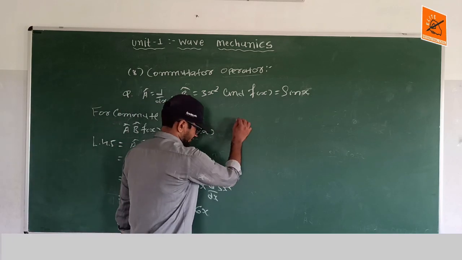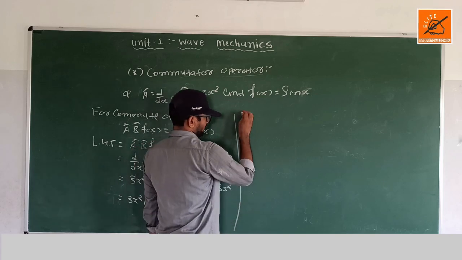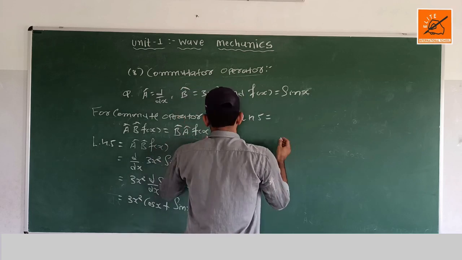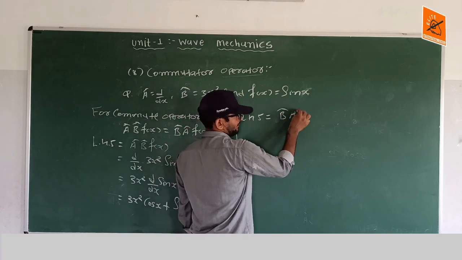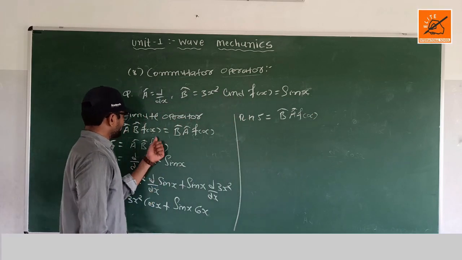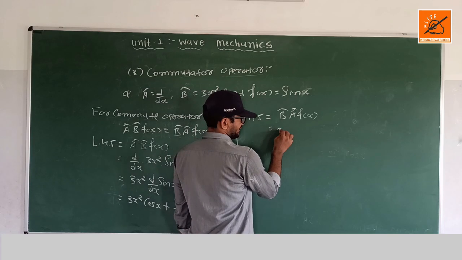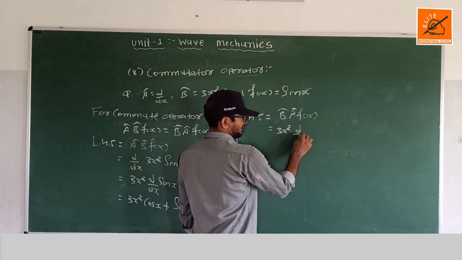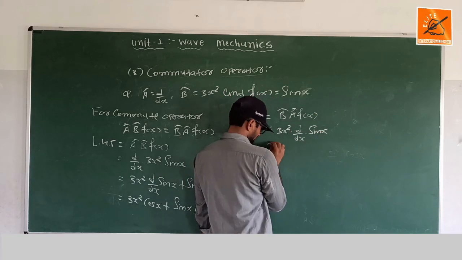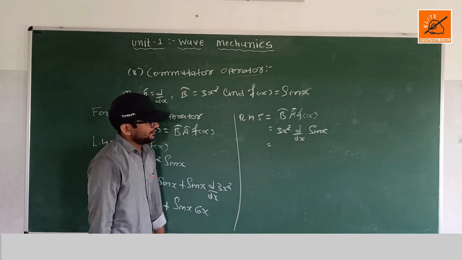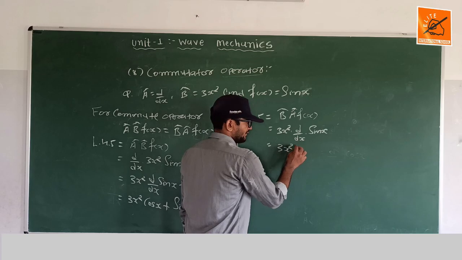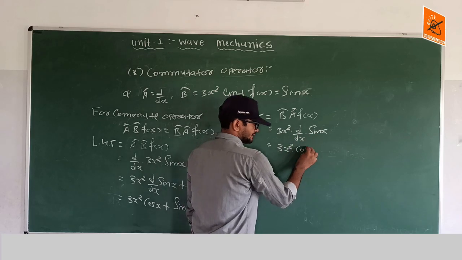Now RHS. The value of RHS is equal to B cap A cap f(x). So the value of B cap is 3x square, A cap is d by dx, and the function f(x) is sin x. So here 3x square into d by dx of sin x is cos x.